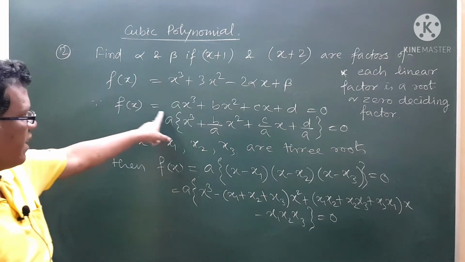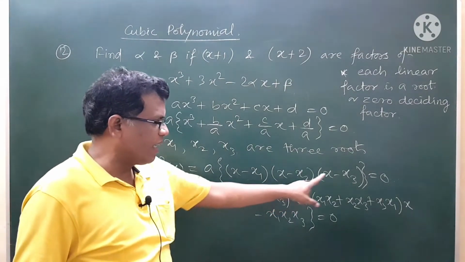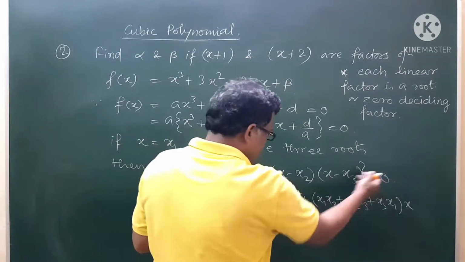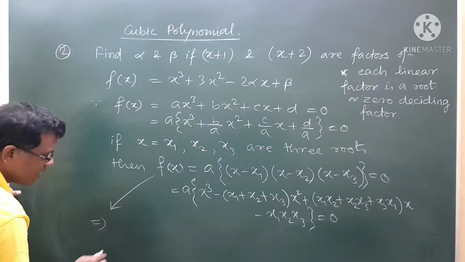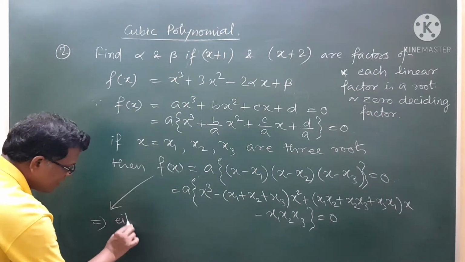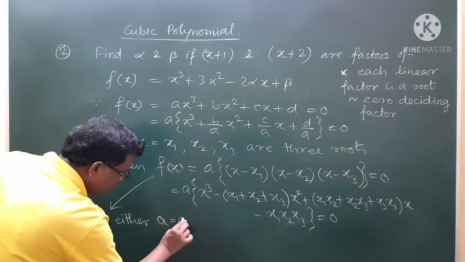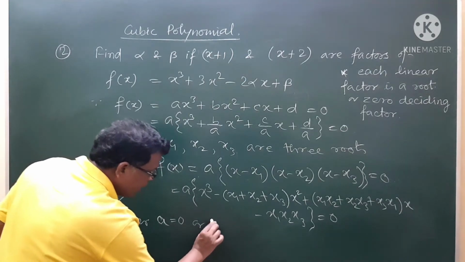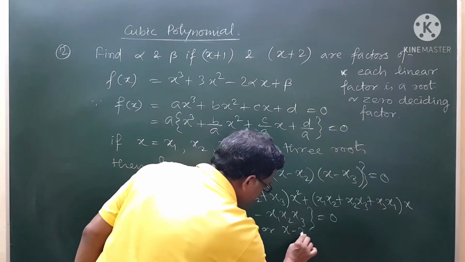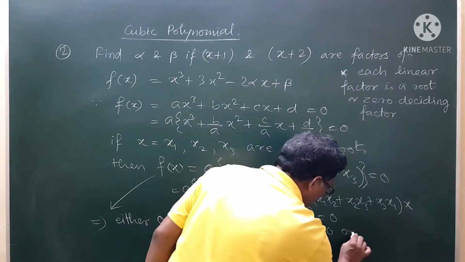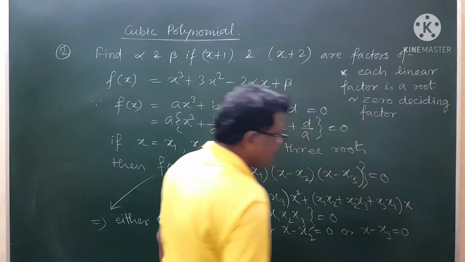Likewise, as the general polynomial has been represented in the form of linear factors, and if the entire product is 0, then from this step can't I say that either a is equal to 0, or x minus x1 equal to 0, or x minus x2 equal to 0, or x minus x3 is also equal to 0, isn't it?